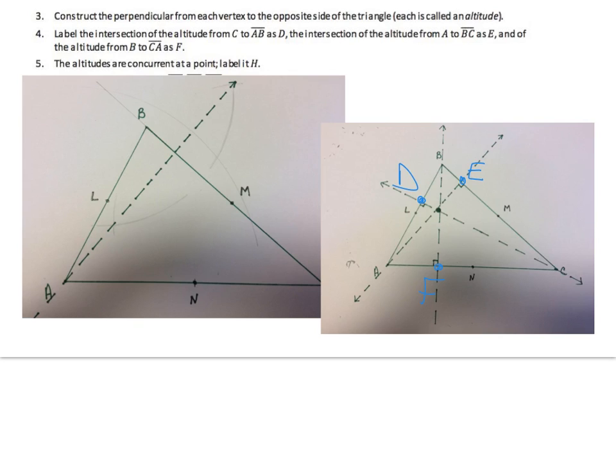Cool. And then the altitudes are concurrent at a point, label it H. That is right here. This gets labeled H. And if you remember concurrent, that is just where they meet or intersect.